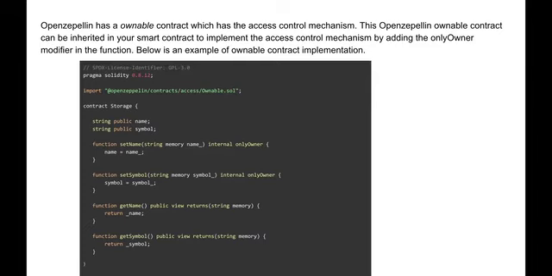Looking at the code that we have here, we are importing the Ownable contract from OpenZeppelin, and we are trying to set the name. We have a string variable for the name and the symbol, and we are trying to set the name and also the symbol. These two functions have the onlyOwner modifier. What this is telling us is that only the person that owns this contract can set the name and set the symbol.